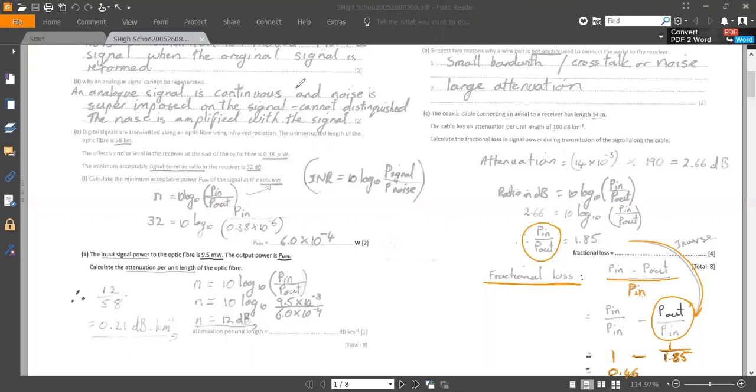That's the fractional loss. What we used to do for percentage efficiency is very similar, and it would just be times 100. I hope that makes a bit more sense.